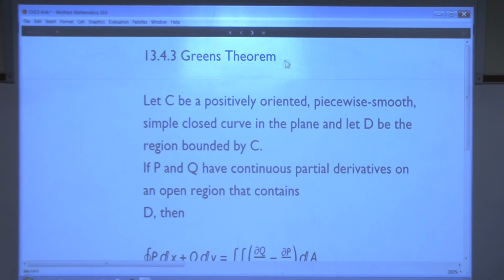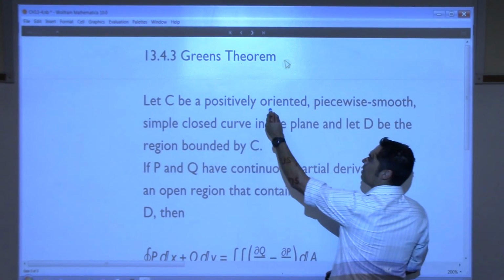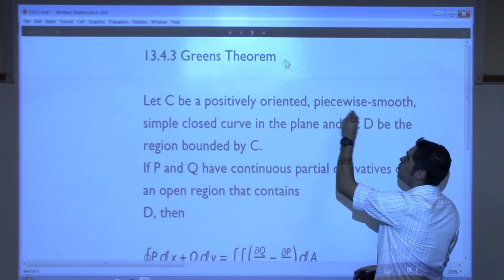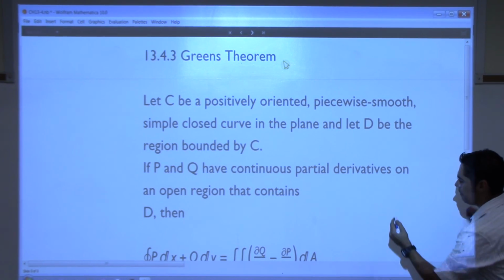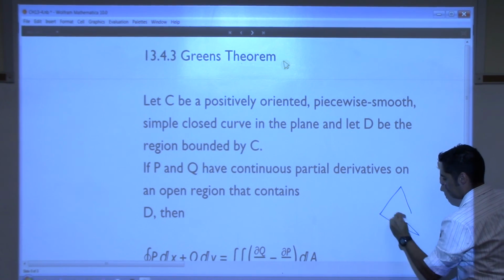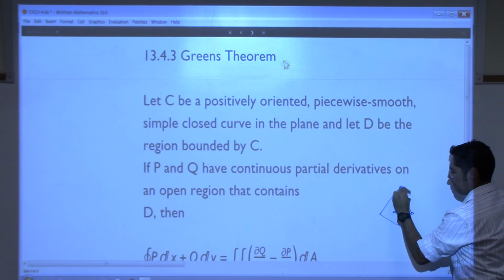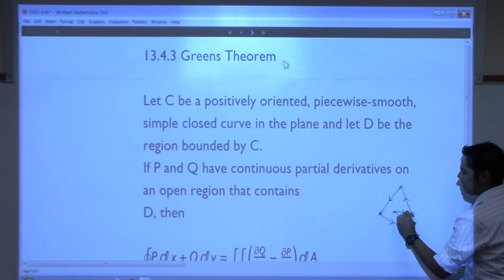So here's Green's theorem. Let C be a positively oriented, piecewise smooth, simple curve. Okay, so positively oriented, counterclockwise. Piecewise smooth means that the curve might look like a bunch of line segments together.